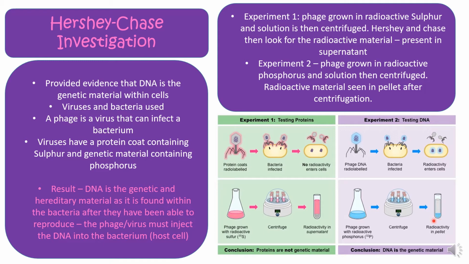You can see now that the radioactivity is within the pellet. Remember, the bacteria are in the pellet, so inside the bacteria is the radioactivity, or the radioactive phosphorus. Hershey and Chase deduced that DNA is the genetic material that is passed on to the offspring, and that's summarized here. So that's the Hershey and Chase investigation.